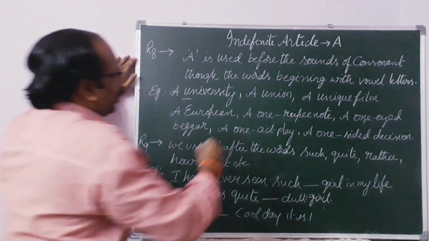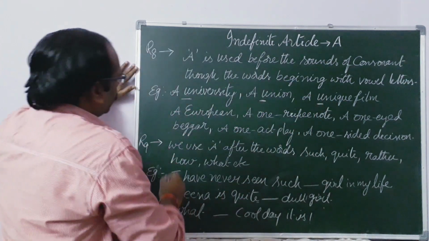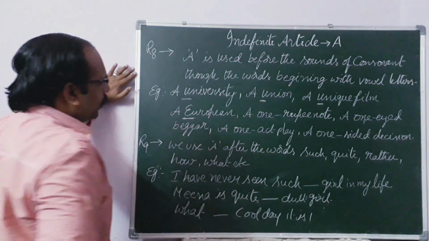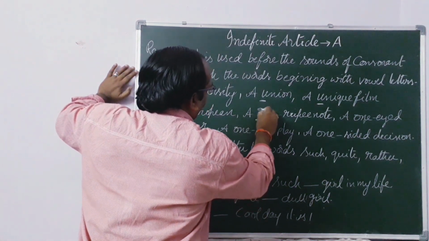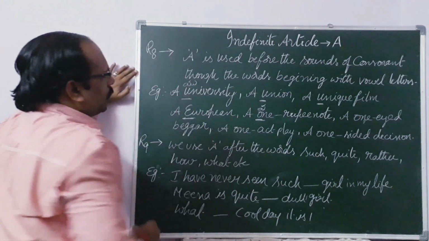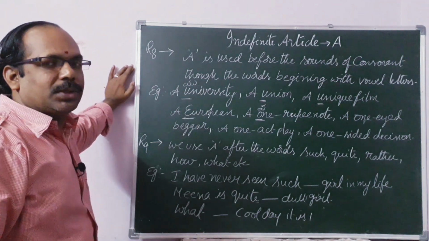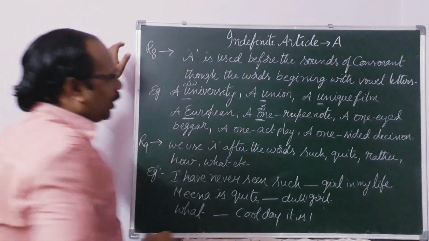Like that, a union, a unique film, a European, a one. It gives the sound of wa. So these are the consonant sounds given by the vowel letters. In that case, we have to use a.